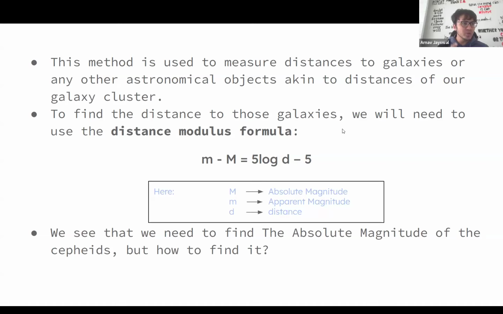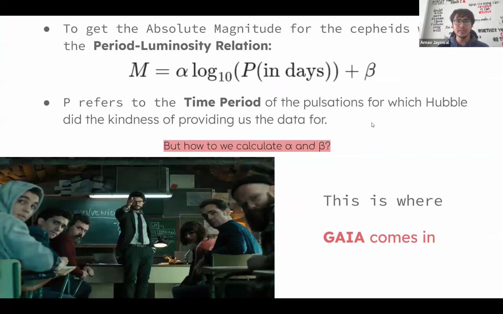Now, how can you use this seemingly random fact, the time period of the Cepheid variables, to calculate the absolute magnitude? That is when the period-luminosity relationship comes in. A brilliant scientist called Henrietta developed and observed this formula.